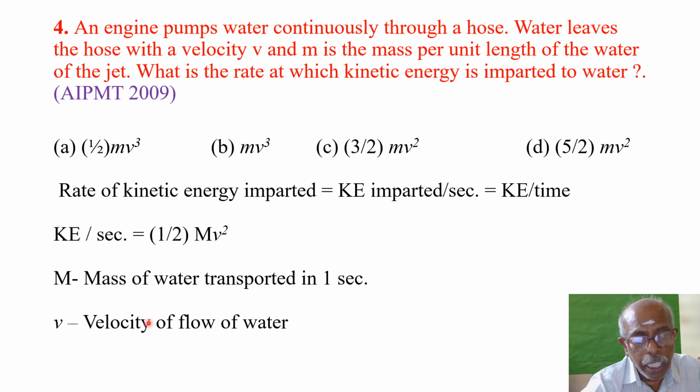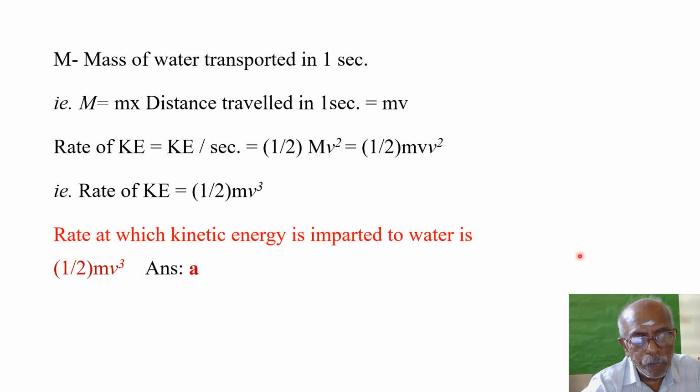Okay. Now, how can we find the value of capital M? Let us find capital M. So, already I told you that M is the mass of water transported in 1 second. And that M is equal to what? Small m into distance travelled by the water in 1 second. What is small m?